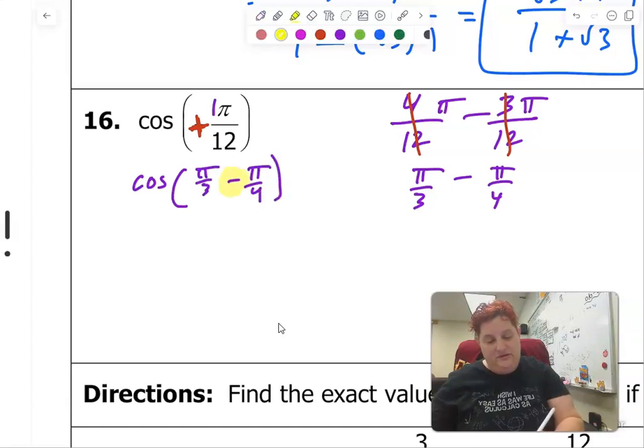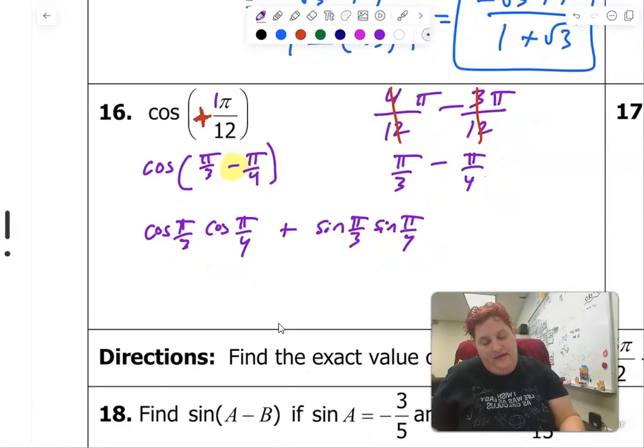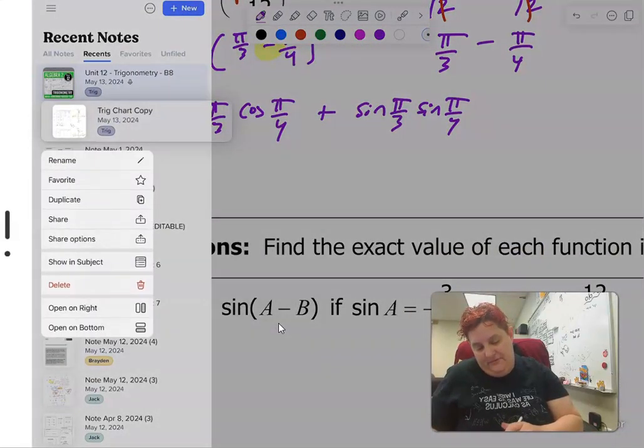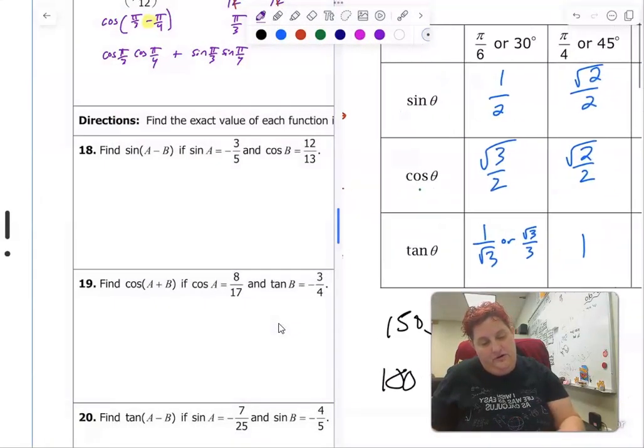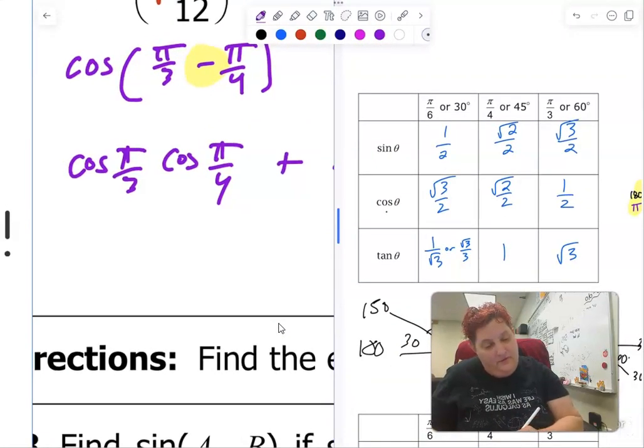Now this is cosine and it's minus, okay? So it's cosine, cosine, opposite, sine, sine. And these are all right there in the first quadrant. So they're all going to be right on your chart here. Okay? So cosine of pi over 3 is root 3 over 2.